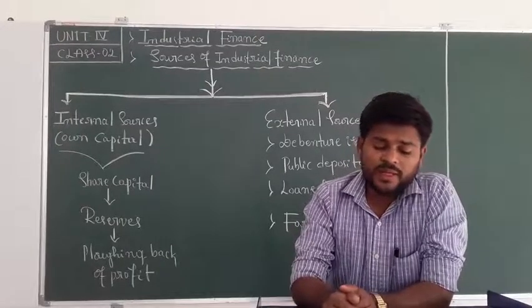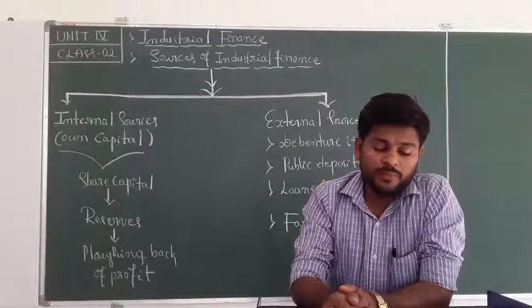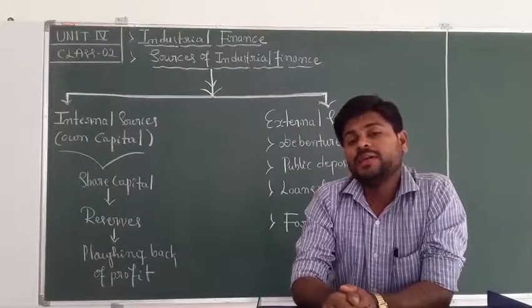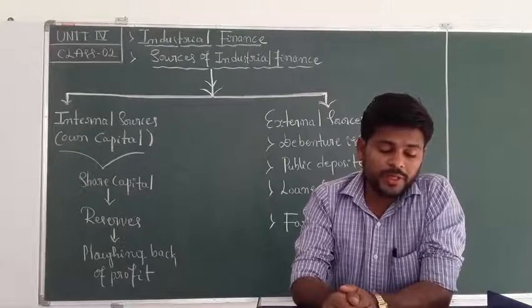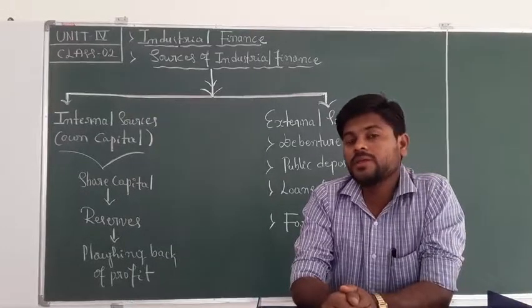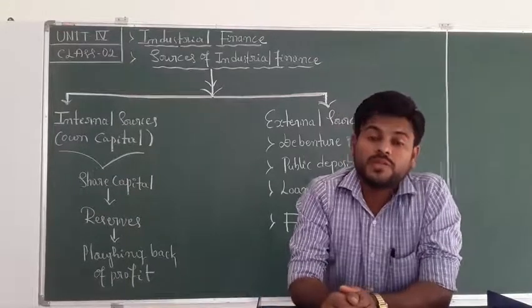Then in a country like India, the capital market is not fully developed and the rate of capital formation is low. Especially, India is a developing nation, and the money market and capital market are not developed successfully.